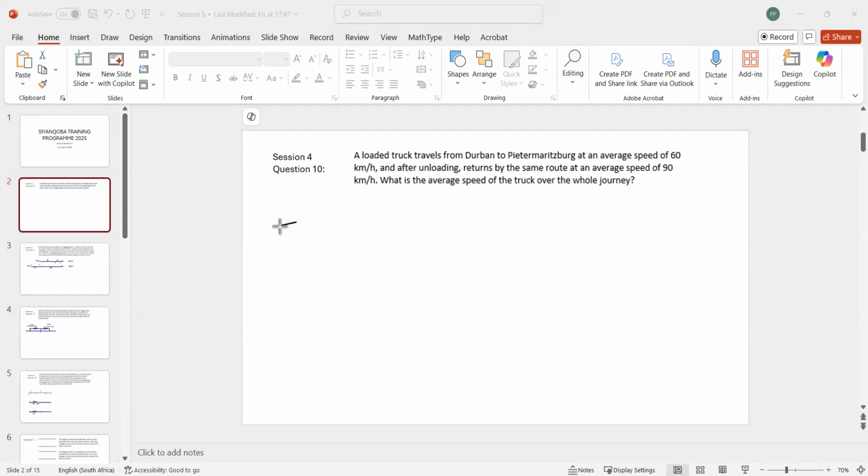If we just draw a little diagram like this to denote the Durban to Pietermaritzburg, it's going at 60 Ks. And after unloading, returns by the same route at an average speed of 90 kilometers per hour. So on the return journey, it's 90 kilometers per hour.